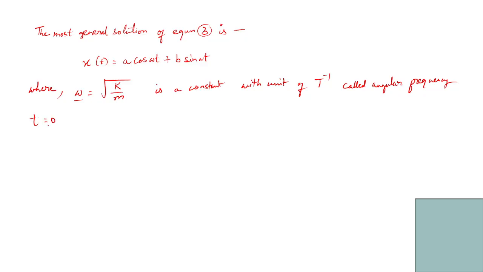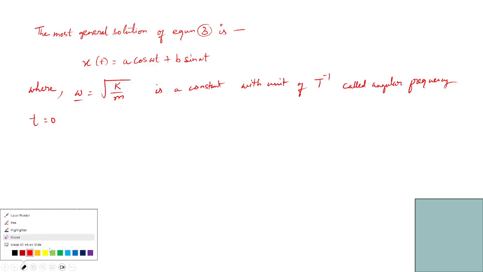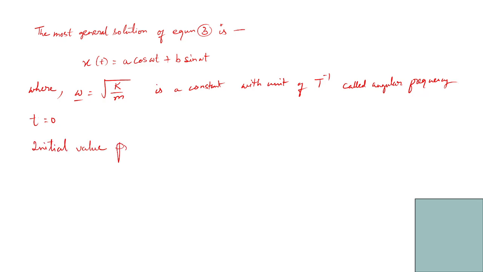For this reason, the process of determining the solution in terms of position and velocity at a given time is called the initial value problem. The values of position and velocity at t equal to 0 are called initial conditions.